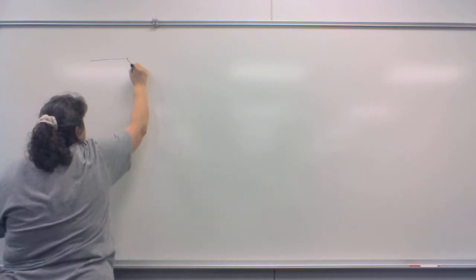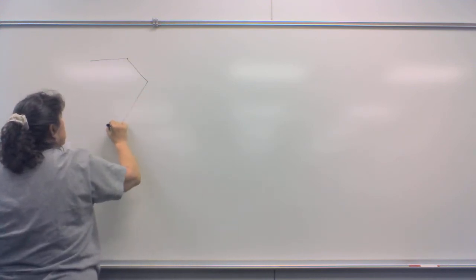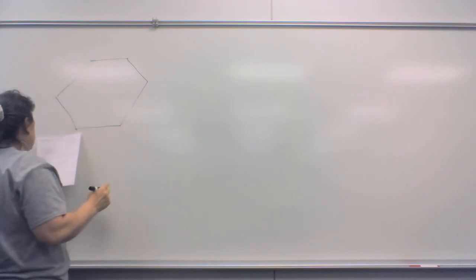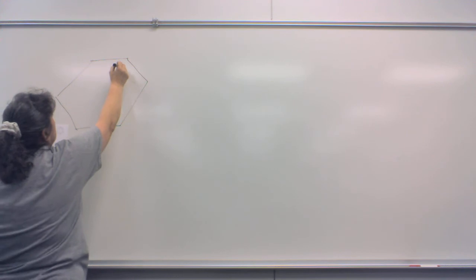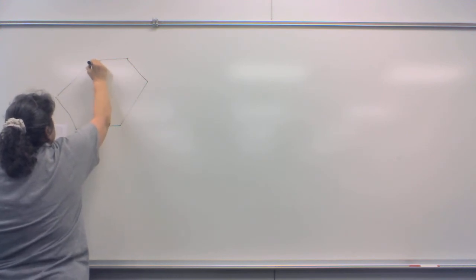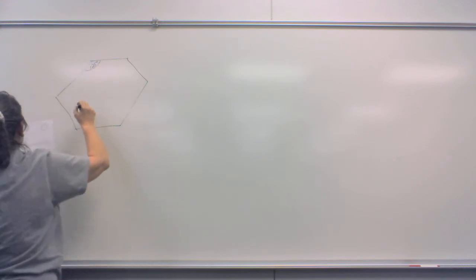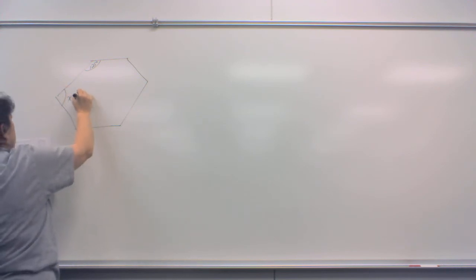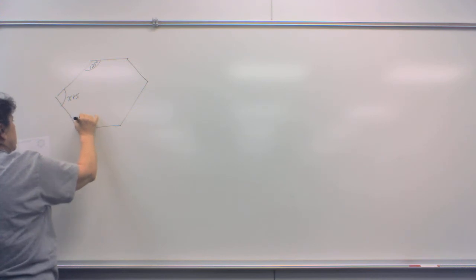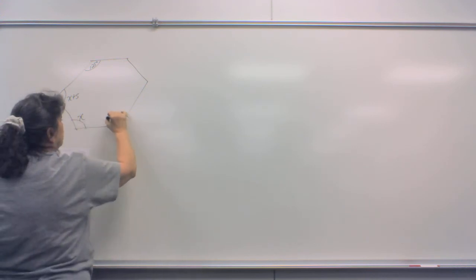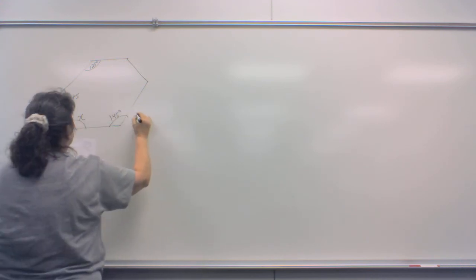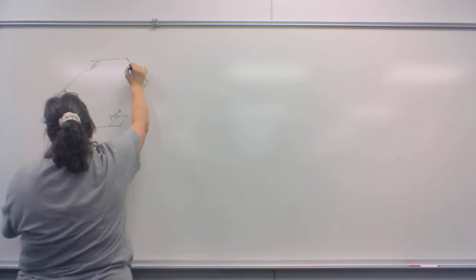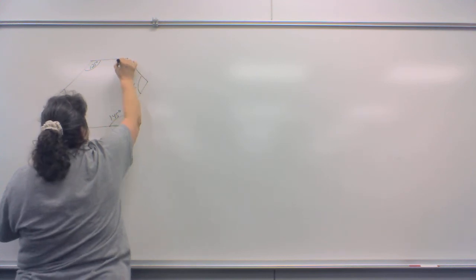This is a 6-sided figure, and no, it is not a regular polygon. Okay? So, one of my angles is 125 degrees. And then I have x plus 5 and x and 145 degrees and an x, and the last one is x plus 5.